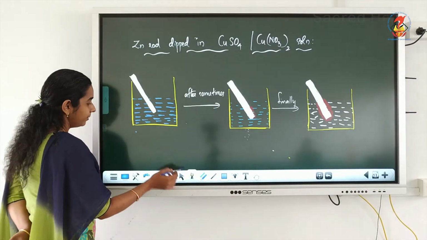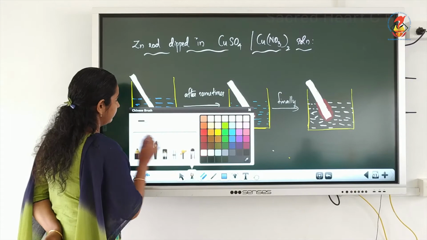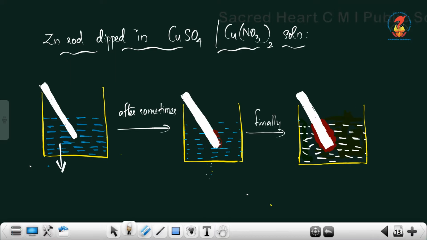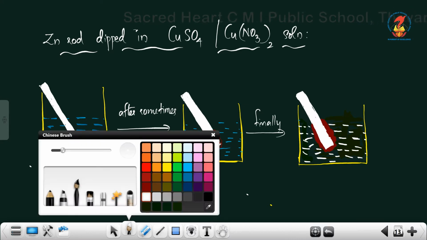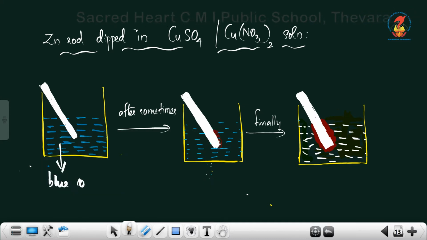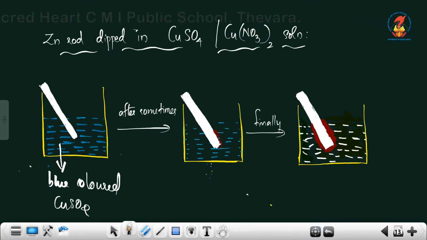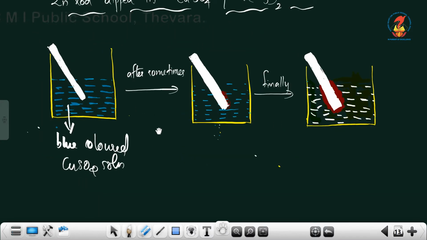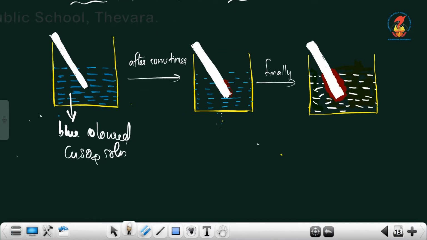In the first diagram, this is the blue colored copper sulphate solution, which contains Cu2+ ions. In that, a zinc rod is dipped.